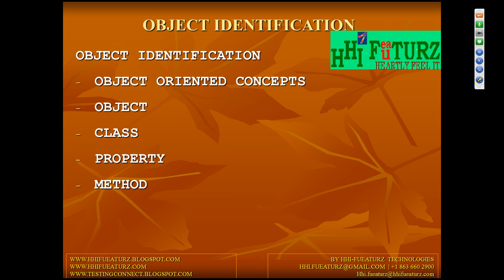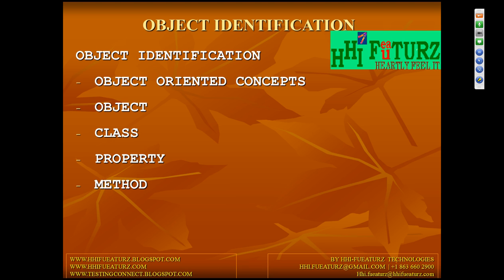Even a human being is one object. Any object you take, like one student, will have some properties. For a human being, that is first name, last name, middle name, age, date of birth. All these are properties of that object.